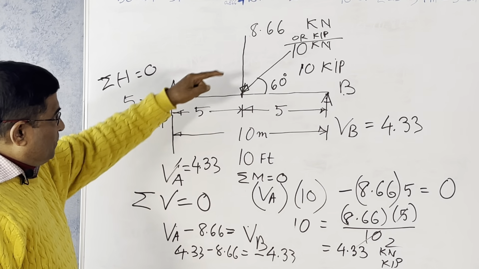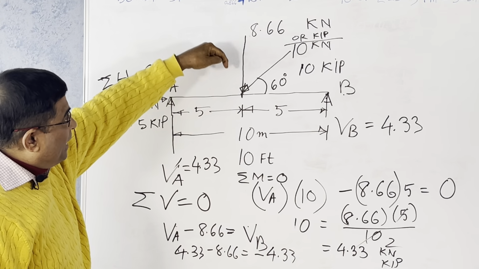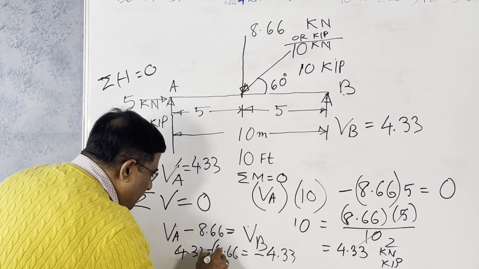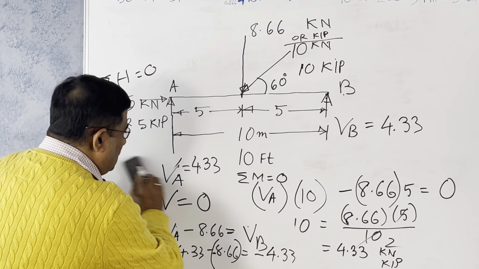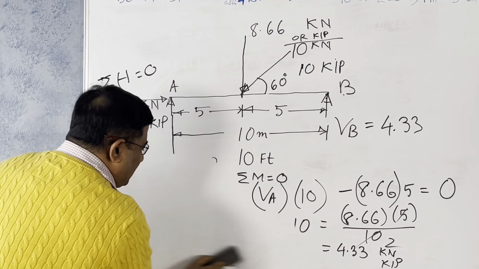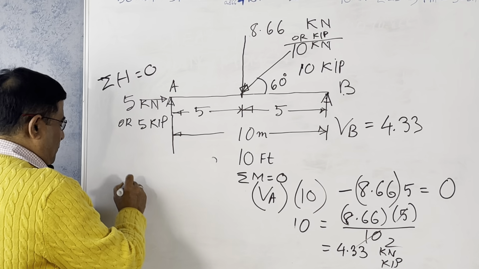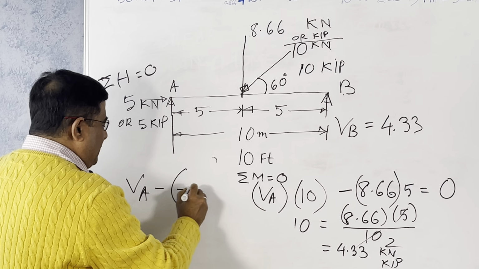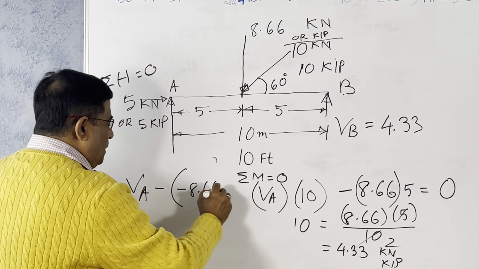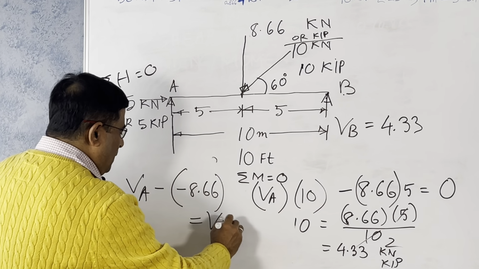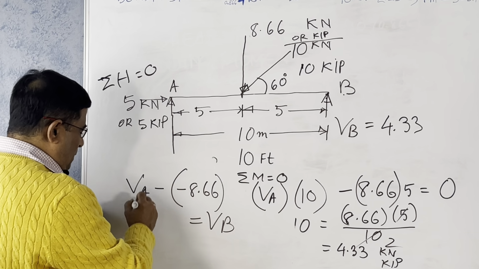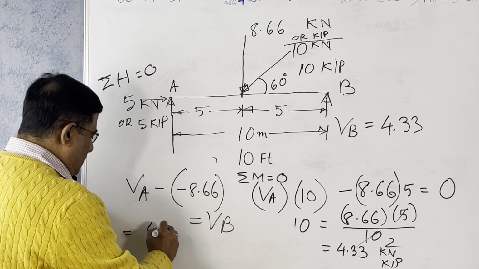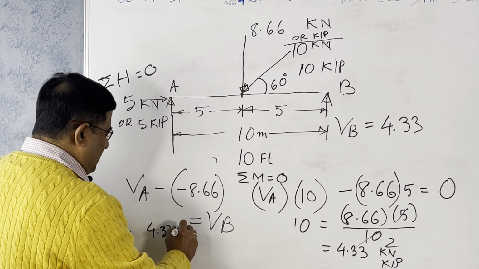And because the 8.66 we are considering downward, if you consider the negative, VA minus that 8.66 equal to VB. So this will be 4.33 minus positive.